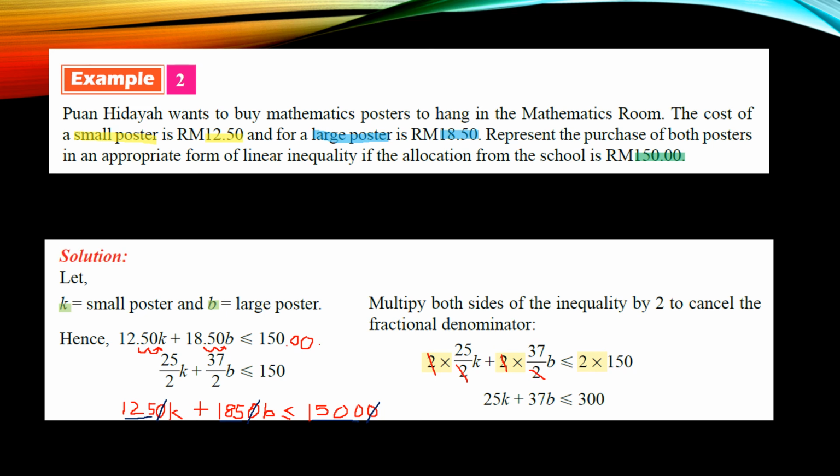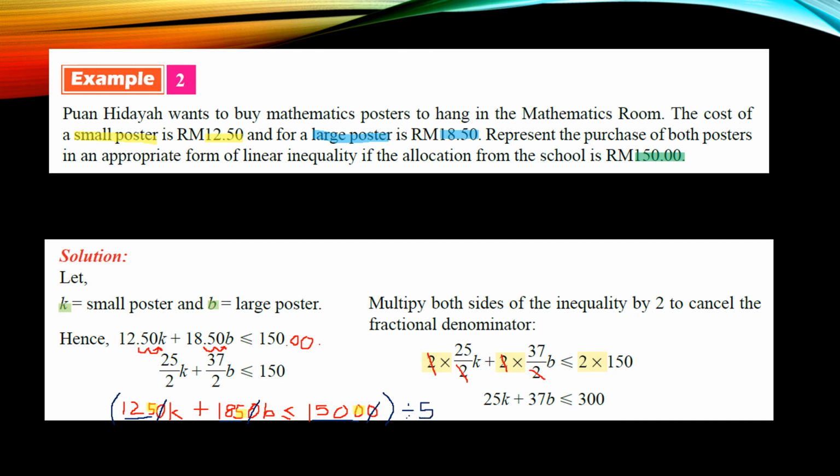So here what you can do, you can see that the last digit is 5, here also 5, and here is 0. So from here you know that these are multiples of 5. So what you can do, you can divide by 5, because your last answer must be in simplest form.